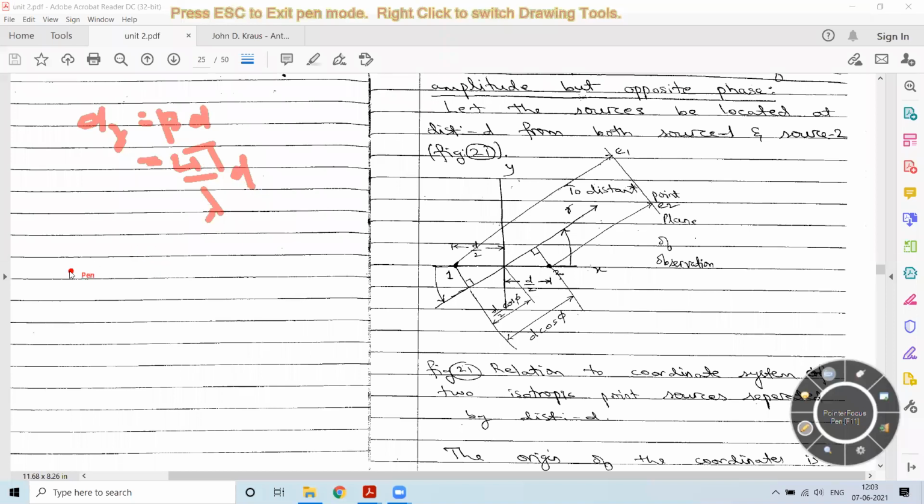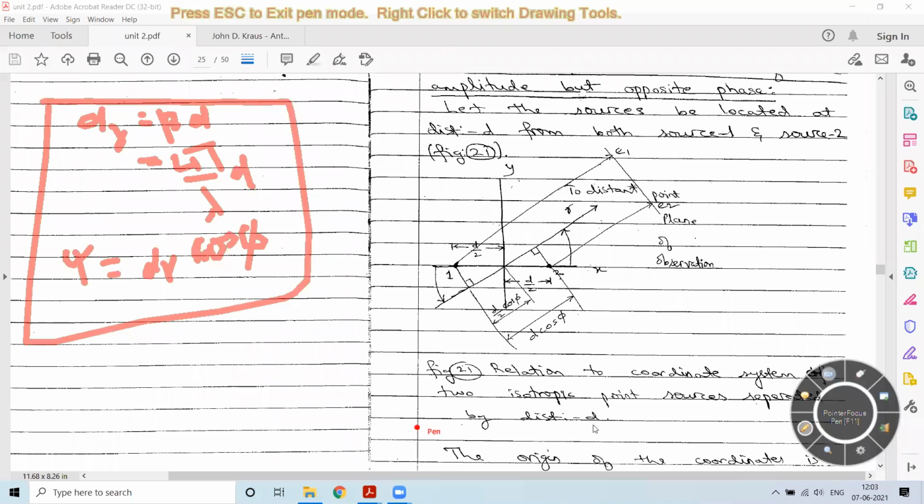So this is one thing. And next, we assume that psi is equal to dr cos phi. These two conditions will be referred to going forth.